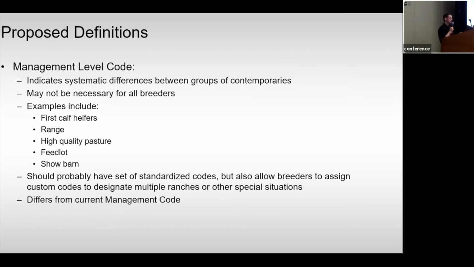Or it could be differences between having animals on range or high quality pasture, or in a feedlot, or in a show barn, right, where clearly there are systematic differences that could impact the traits that we're measuring. And it would be ideal to have some sort of standardized codes, but also enable breeders to assign custom codes so that they can clearly differentiate these.